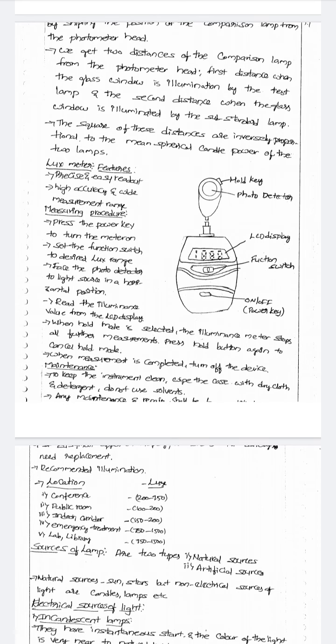Press the power key to turn on the meter, switch to the desired lux range, and read the illumination value on the display. The picture shows an on and off key like a switch. Once the measurement is completed, turn off the device.